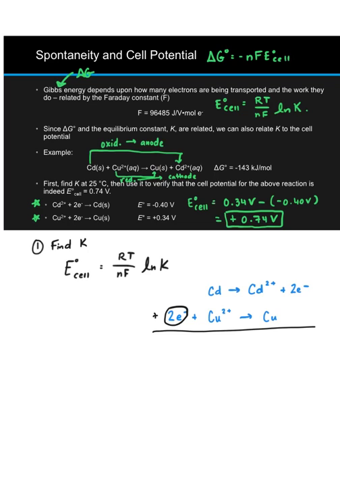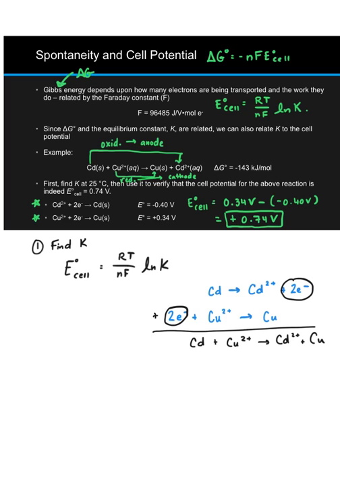2 electrons are consumed, 2 electrons are produced. The overall reaction is cadmium plus copper 2 makes cadmium 2 plus copper. The reason that we did this, though, was to identify how many electrons were transferred. 2 electrons are produced, 2 electrons are consumed.